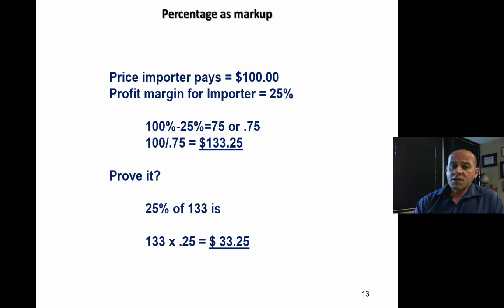Over the course of a year, let's say you're doing $1 million. Now look at what the losses are. So it's very important to calculate these percentage markups accurately, because over a period of time, the losses can be greater and greater the more transactions that you're doing. So it's a very important calculation.